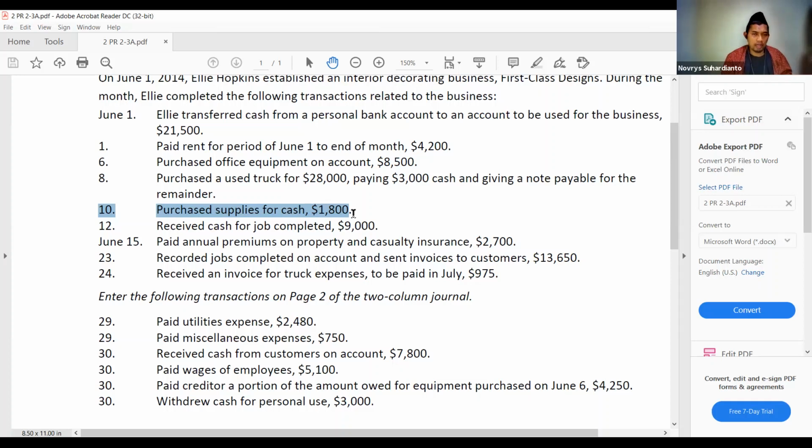So we debit supplies and we credit cash because we pay some cash. Okay, but till the end of the month, the supplies is still 1,800. If you check your trial balance, you can see that the balance of supplies is still 1,800.